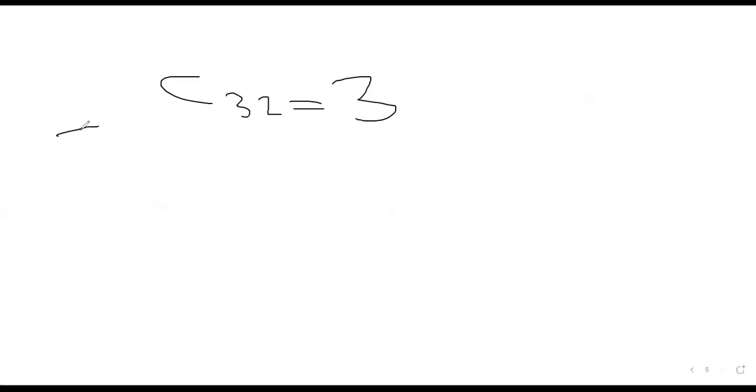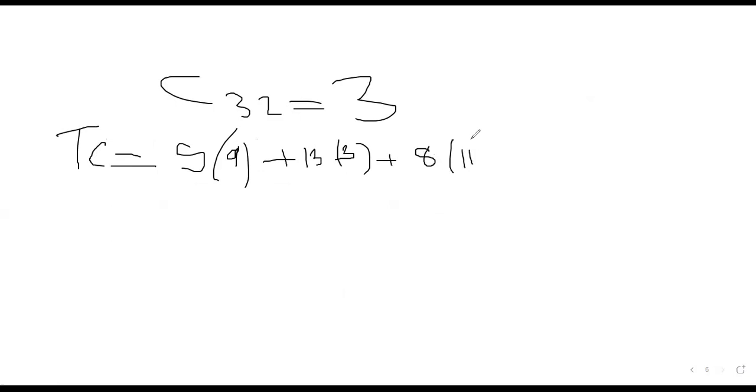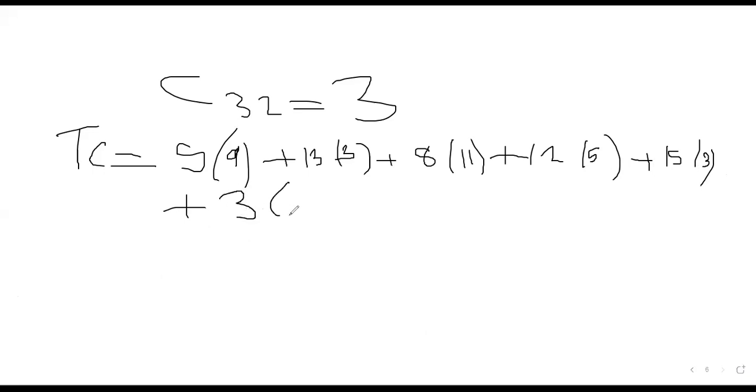So our total cost is actually equal to 5 on 9 plus 13 on 3 plus 8 on 11, then plus 12 on 5, then plus 15 on 3, then plus 3 on 8.